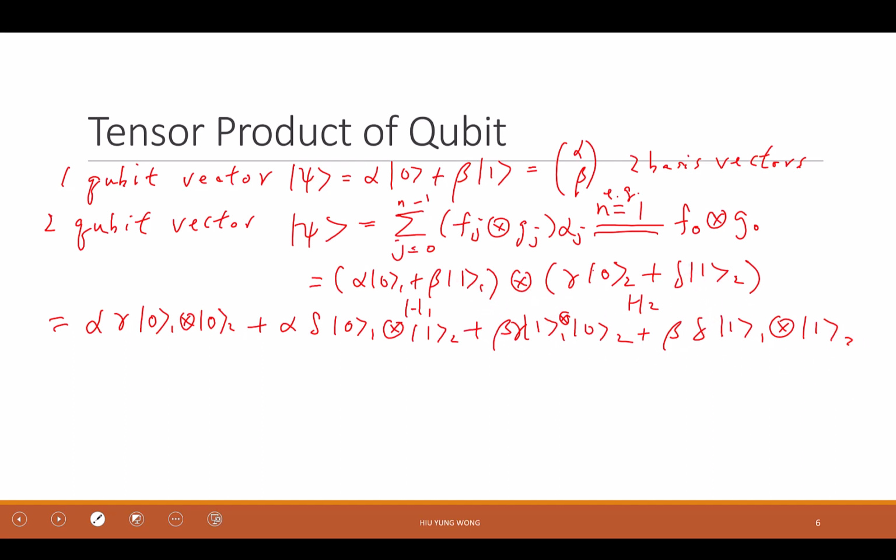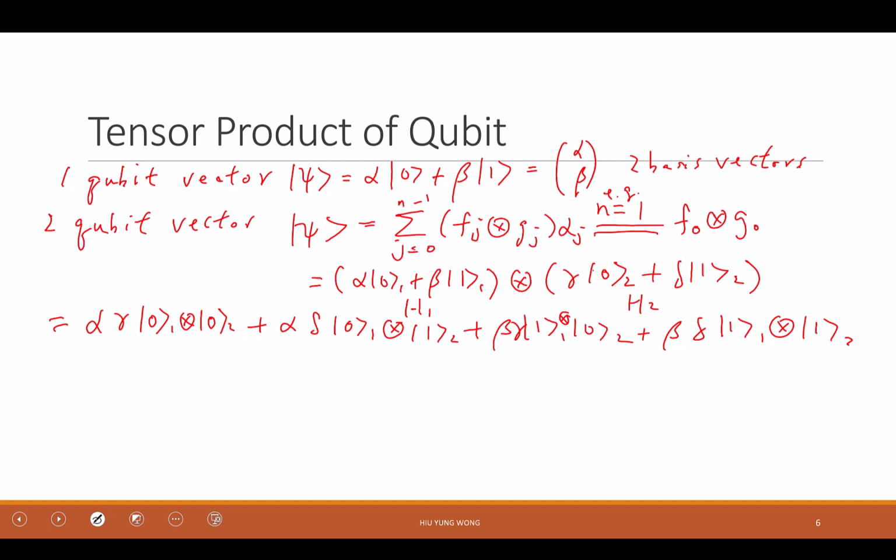Is this okay? Right? I showed you those difficult equations first because this one you can understand easily, just like how you do multiplication. Why is it so easy? Because of the equation I showed you earlier. That is just the property of the tensor product.